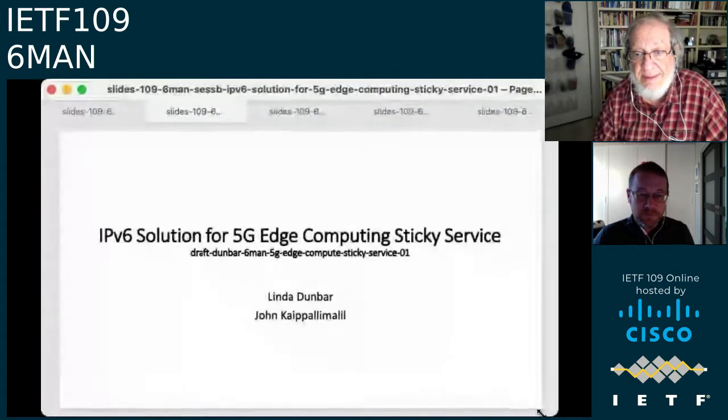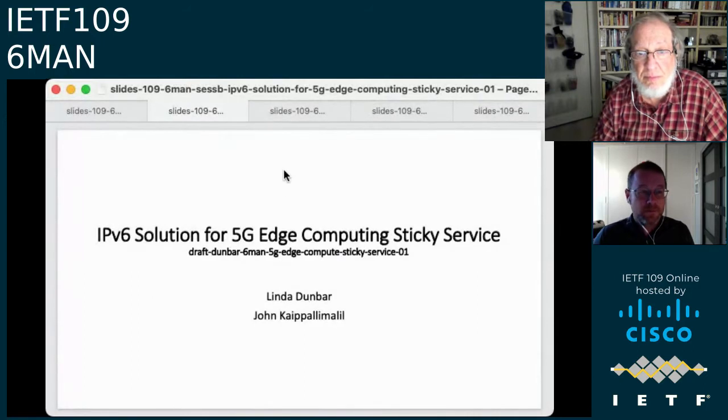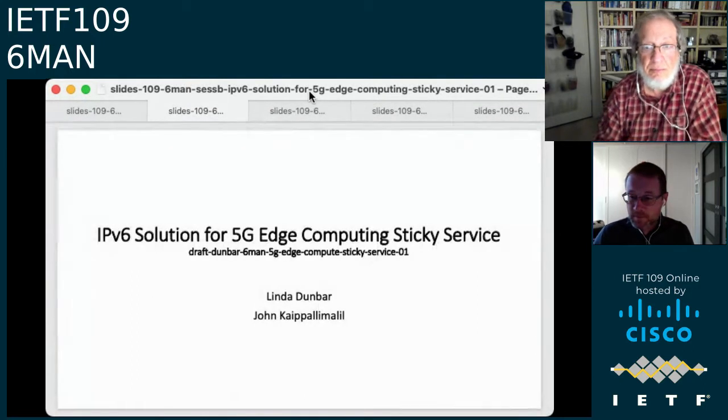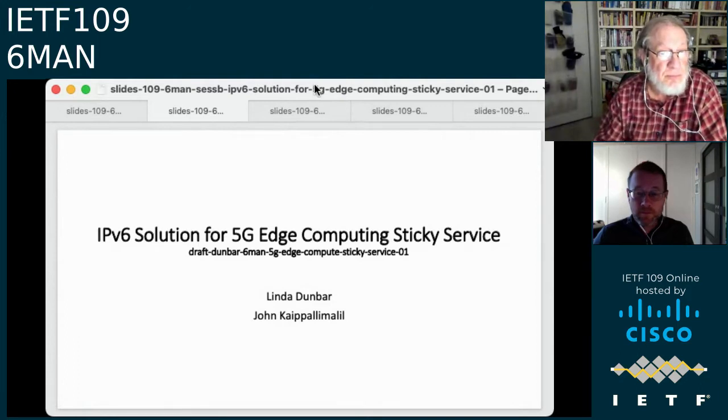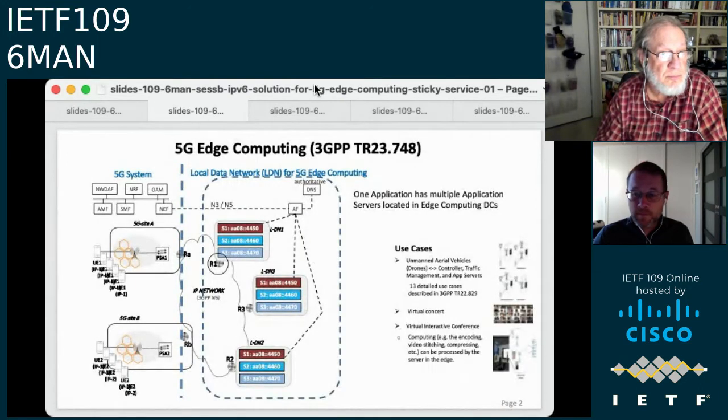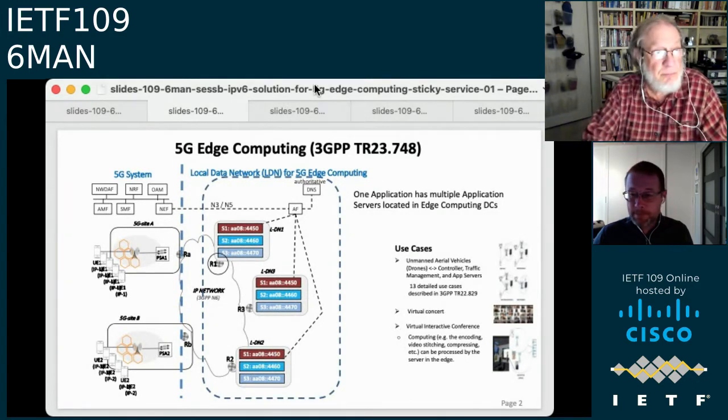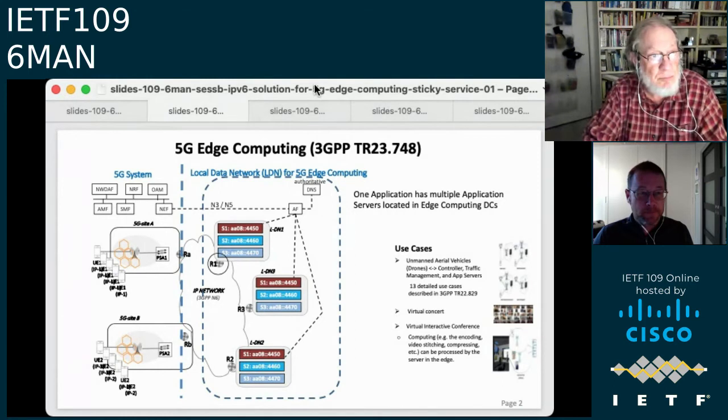So here I'm going to talk about an IPv6 based solution for the 5G edge computing CP service. A little bit of background. 5G edge computing is a project in 3GPP SA2 under the project 23748.